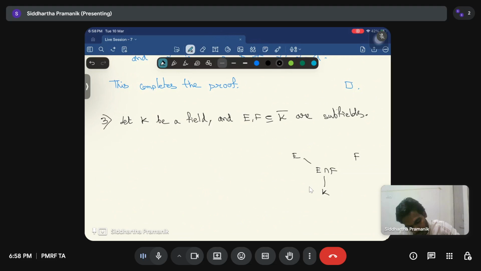So we have a tower of this kind, and again we have EF here, which is the composite.